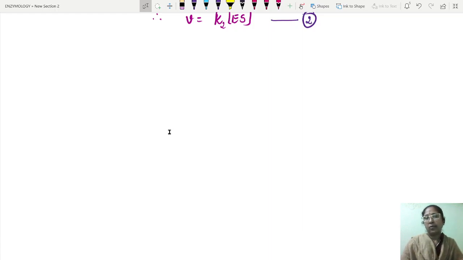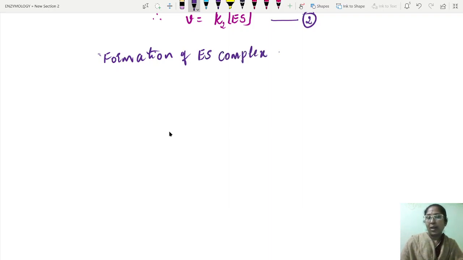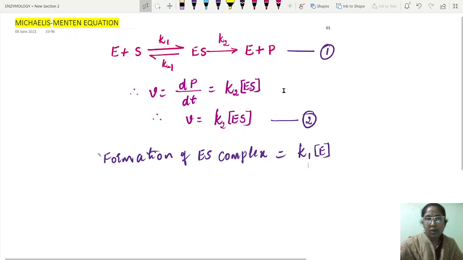The overall rate of the formation of the ES complex is the difference between the rate of formation of the ES complex and the rate of its disappearance. First, the formation of the ES complex: looking at equation one, ES is formed from the enzyme and substrate molecules.